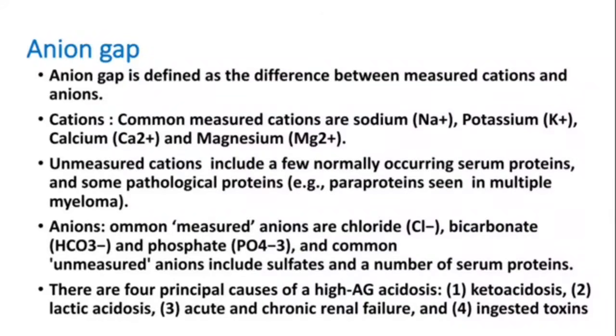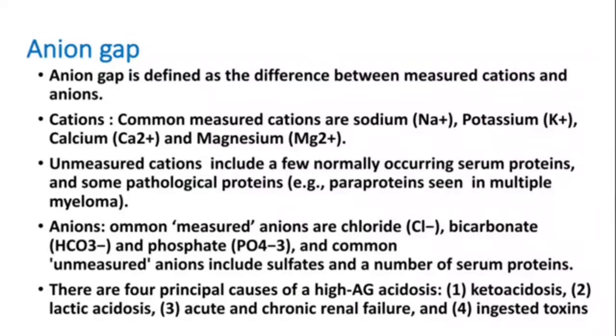These are the causes for high anion gap metabolic acidosis. Of these, the major causes in the emergency room are lactic acidosis and ketoacidosis. Lactic acidosis may be septic shock or sepsis induced, and diabetic ketoacidosis. In toxicology, it is alcohol or toxic alcohol induced ketoacidosis.